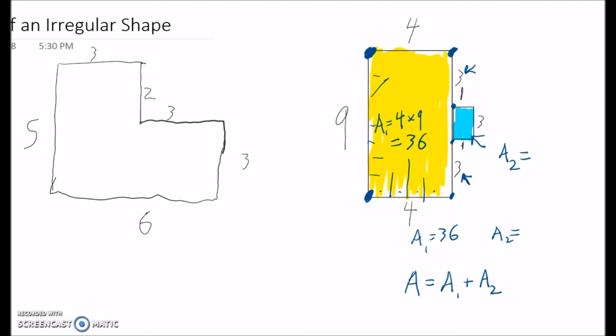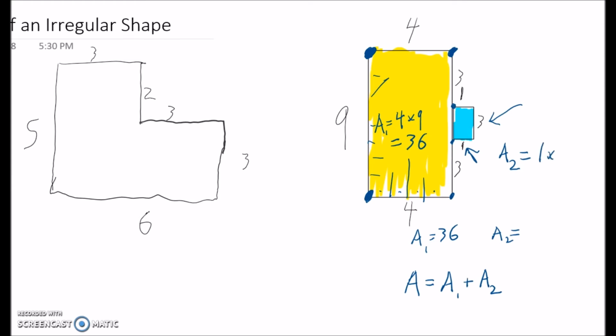Well, the only ones that really apply are the 3 right here, and the 1. And there's a 1 on the bottom, but it's the same as the 1 on top. They're opposite sides, so they're the same. So we want to use the 1 and the 3.